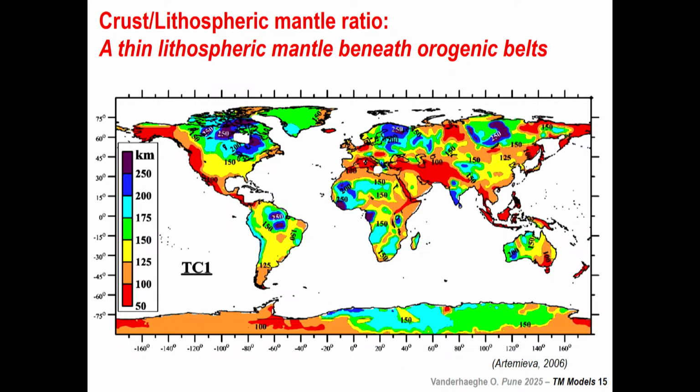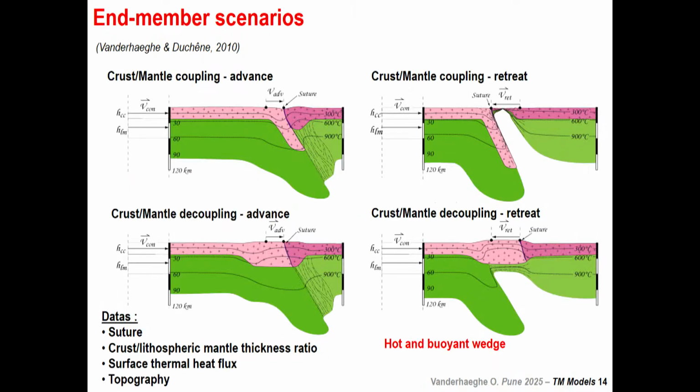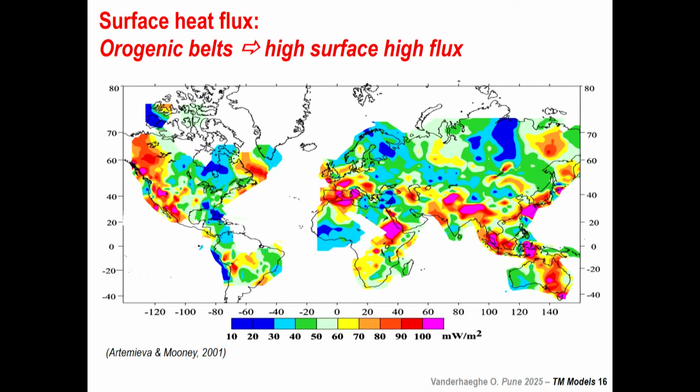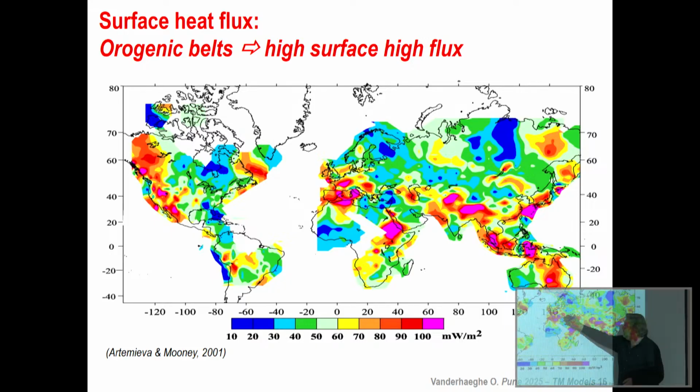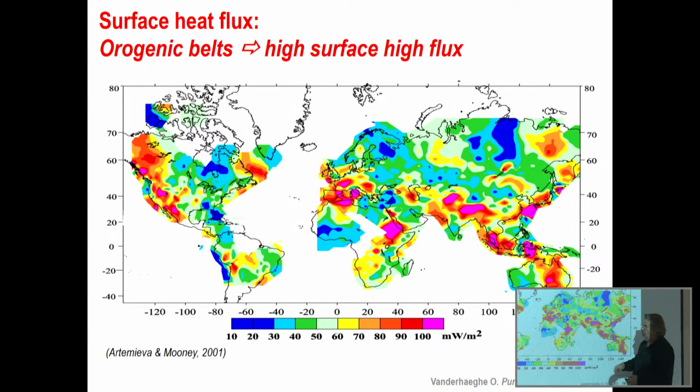So throughout the Alpine-Himalayan belt, the lithosphere is thin and the crust is thick. This situation is the prevailing one. And most of this is also consistent with high surface heat flux, probably caused by a combination of a thick crust plus a thin lithospheric mantle.